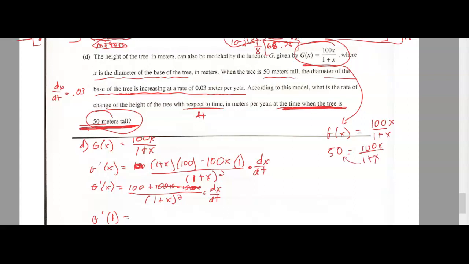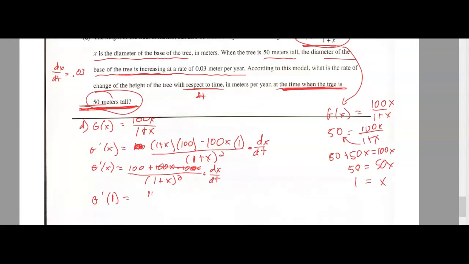Solve this, so I'm going to multiply this over to get 50 plus 50x equals 100x. Continue to solve this equation, and what we find is the x value is your 1. So that's what we're plugging in over here. So we would get 100 over 1 plus 1 squared, and then the dx/dt value that we know is happening at 50 meters tall, which is when we're evaluating it here in our answer, is the 0.03.